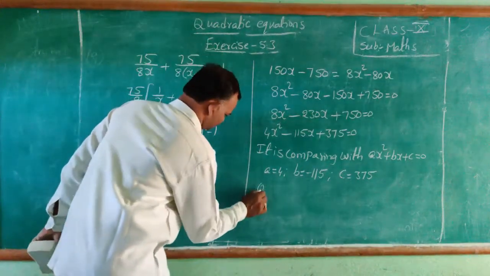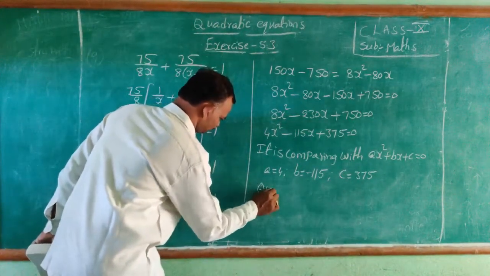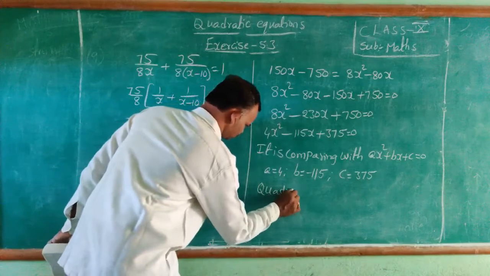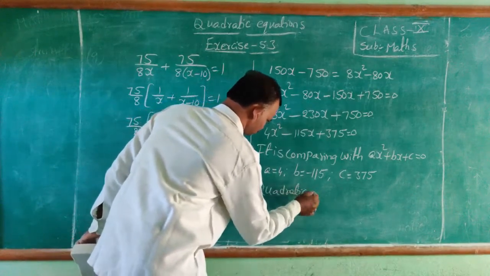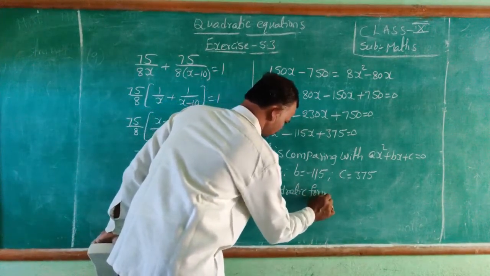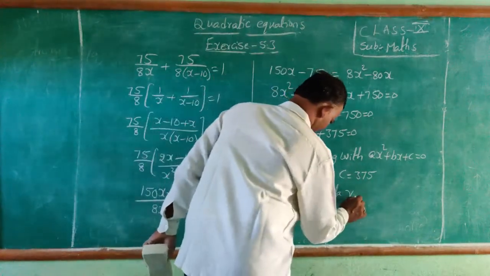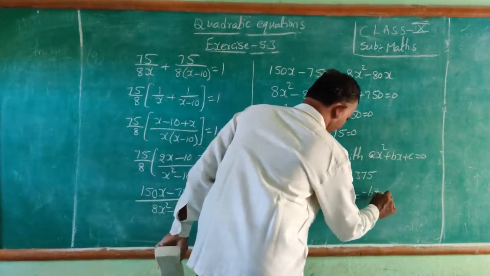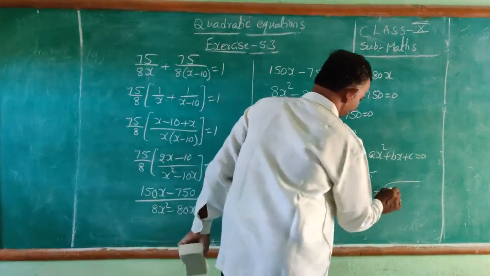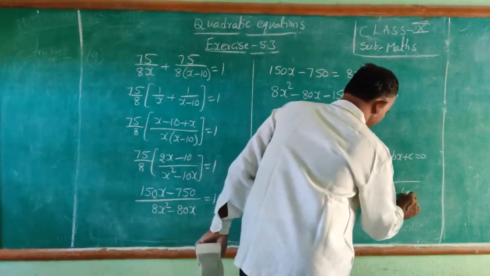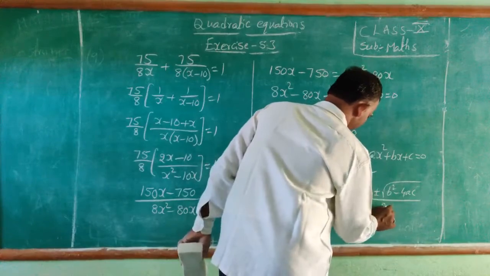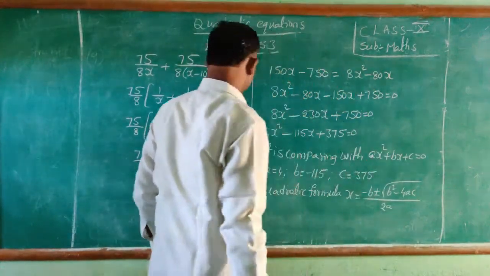Quadratic formula: x is equal to minus b plus or minus root of b square minus 4ac by 2a.